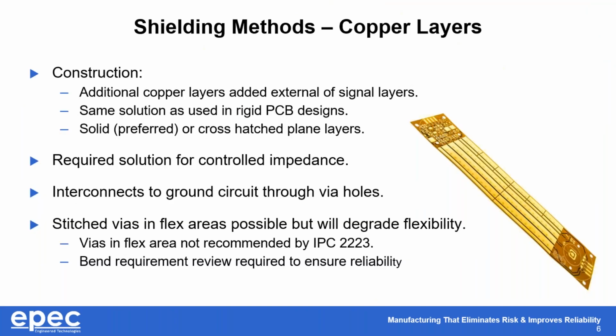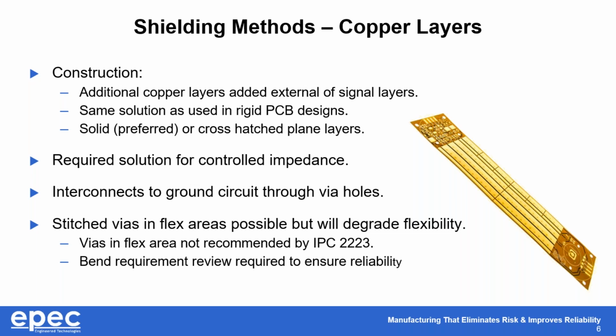So the first one we'll discuss is the implementation of shielding by copper layers. The construction is very straightforward. Additional copper layers are added external to the signal layers so that the critical signals are encapsulated on both sides by copper layers.